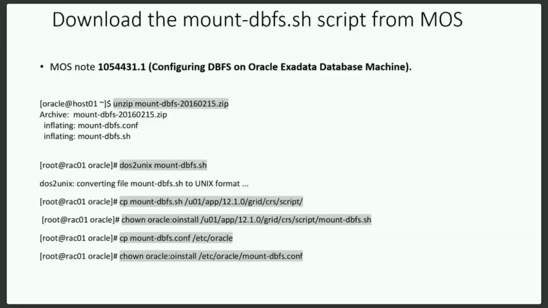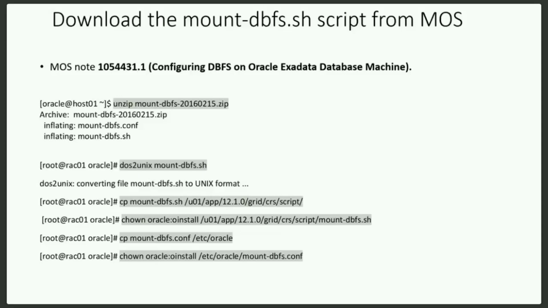Once we download this file, we need to use what's called dos2unix to convert it to Unix format, because sometimes it has some extra characters, and you may find that when you try to launch it, it'll give you errors. We need to copy this mount-dbfs.sh script to the Oracle grid home, in the directory called crs/script.